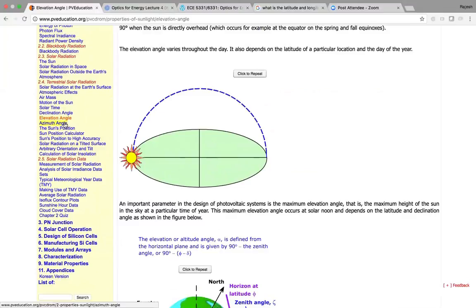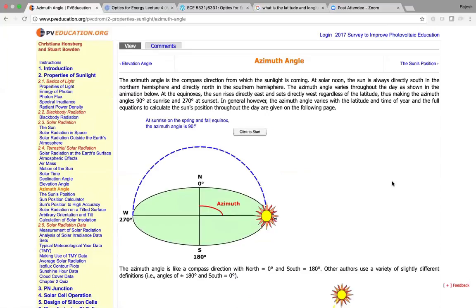Okay, so the next concept to keep in mind is the azimuth angle, which is actually quite simple. If you take a compass and point it, the compass points north, and the azimuth is the angle that this arrow, for instance the north-south direction, makes with the position of the sun. Okay, that's the azimuth.